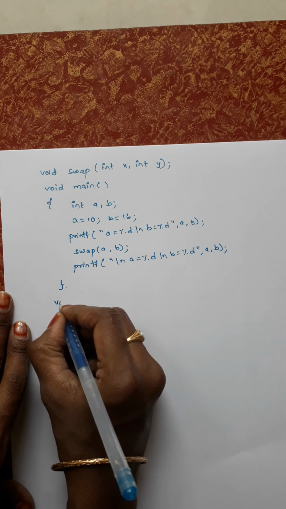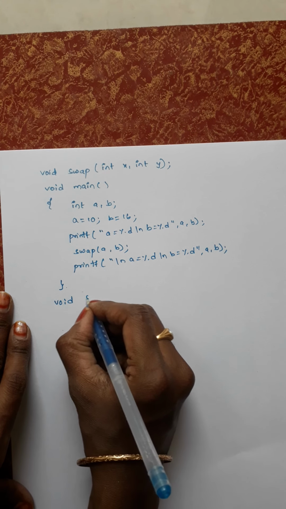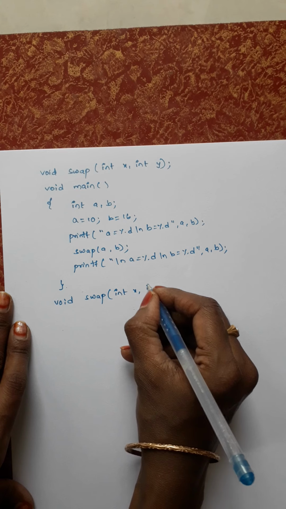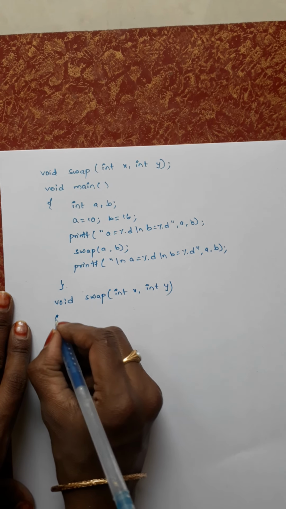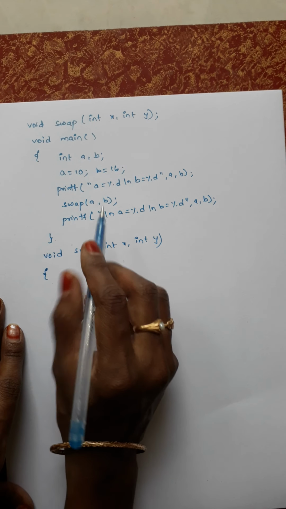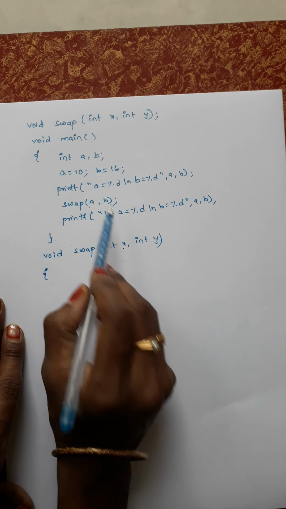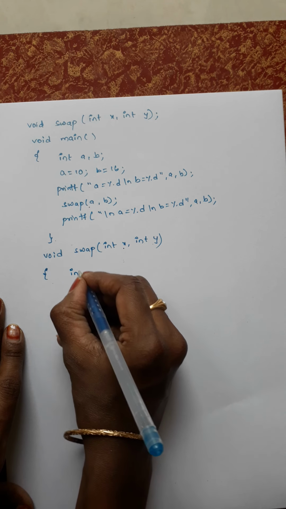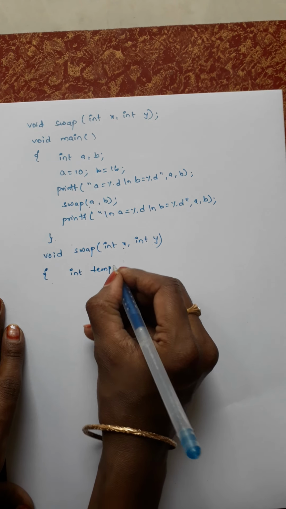That's all. Now write the function void swap(int x, int y). Here the A value is received by x, and the B value is received by y. Declare another variable, temp.